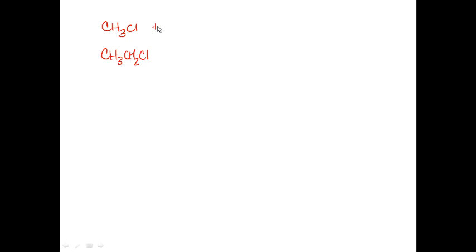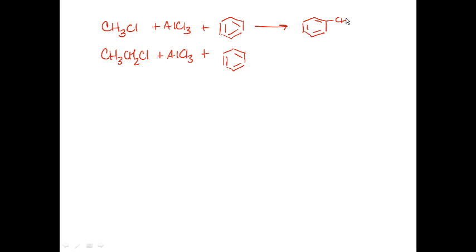You can use these to react with aluminum trichloride and benzene. So you can take benzene and react it with methyl chloride and aluminum trichloride, and you will make toluene, or with ethyl chloride, and you will make ethyl benzene.